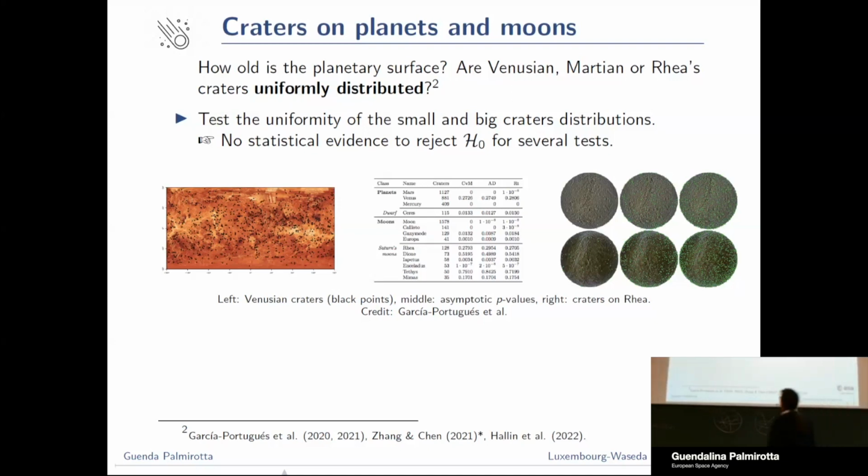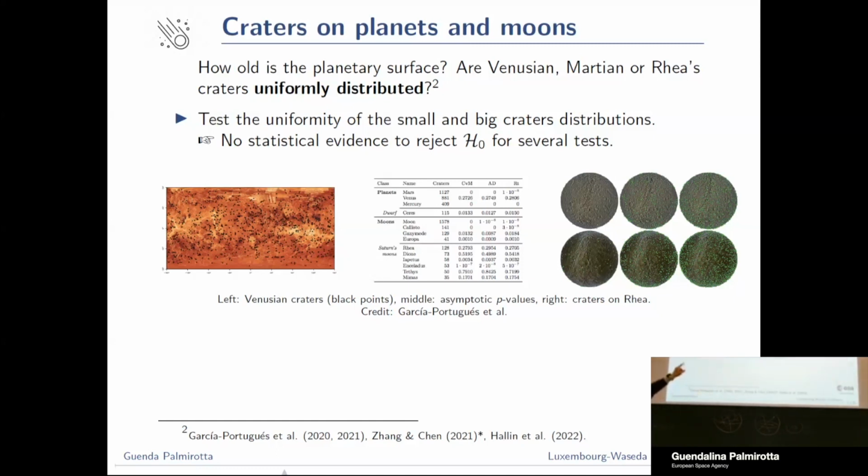And in the middle, you can really see the p-values for the different planets and also the moons. And for the three examples, Venus, Mars, and Rhea, you can see, maybe this is too small, but if you check the p-values, CVM, AD, and RT, these are the different tests used to compare.